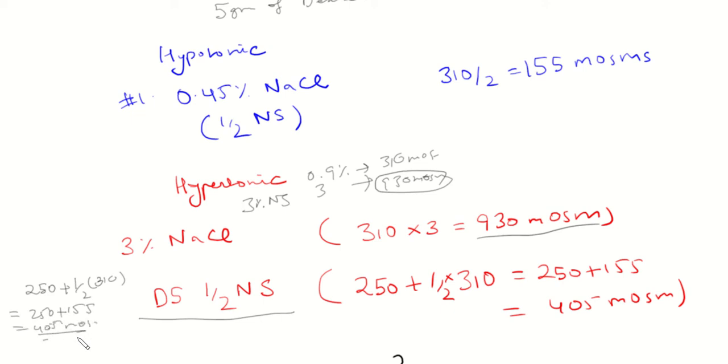So this solution is 5% dextrose, 5 grams of dextrose, and also 0.45 grams of salt that I mix in 100 mL. And that gives me 100 mL of D5 half normal saline.